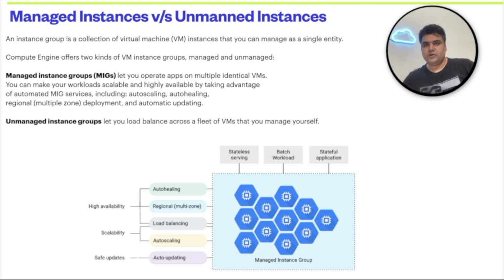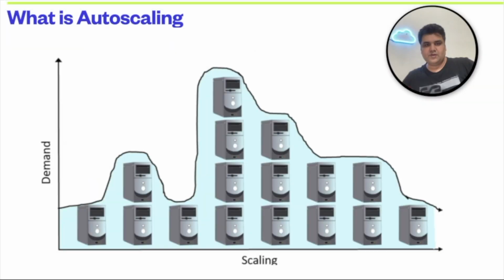Before we move to understand the managed instance group in detail, let's try to understand what auto scaling is. Take one example from this IPL season, today IPL is happening. In the first and second over, suppose you are able to serve the entire traffic with two servers. In the third over, MS Dhoni or maybe Virat Kohli comes to bat.